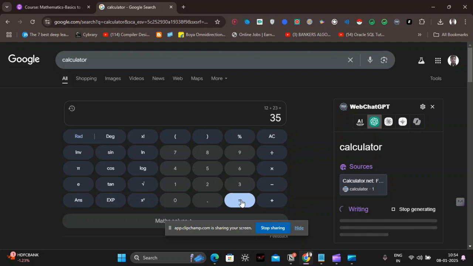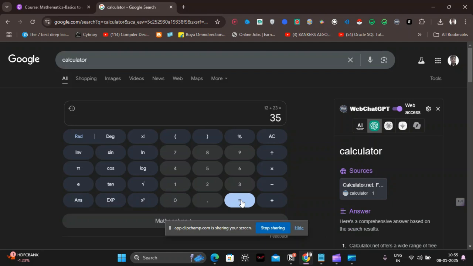The desired information is what? You are inputting the data, 12 plus 23, and it is processing the information and giving you the output, 35. That is nothing but a computer, right? Let me give you a simple scenario in layman terms.